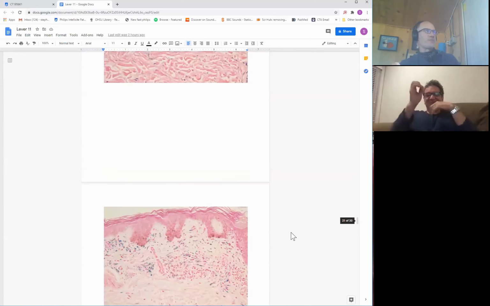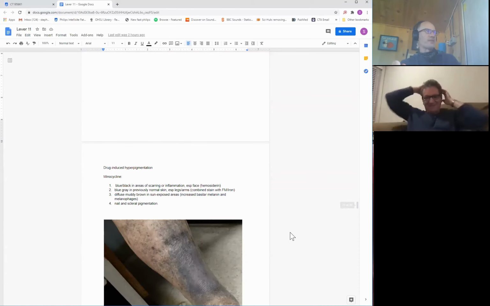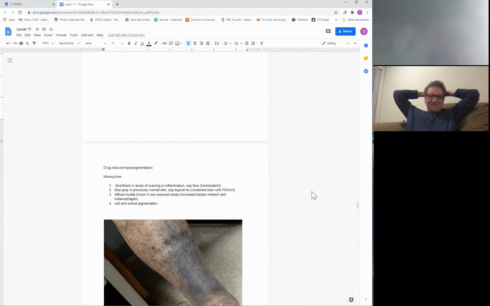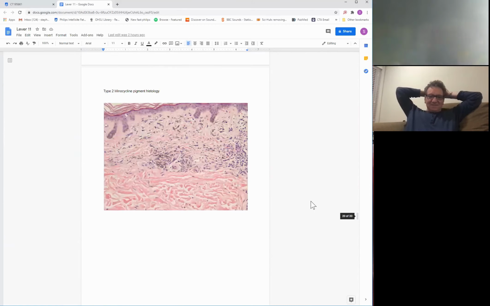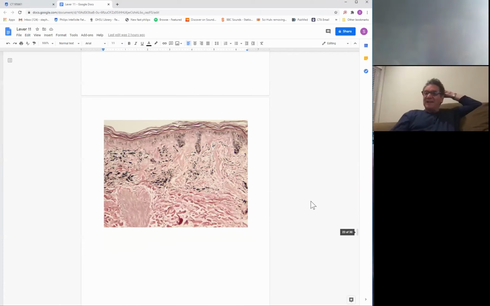I'd actually forgotten the number 3, the increased basilar melanin and melanophages that can be associated with minocycline. It's important to remember when that question comes up that you could see something that just looks like increased normal pigment that can be related to minocycline, even though it's not the drug itself. Like melasma on the face, you know.